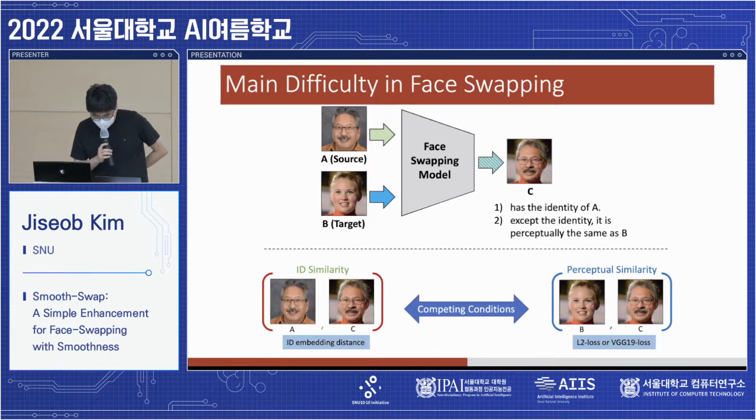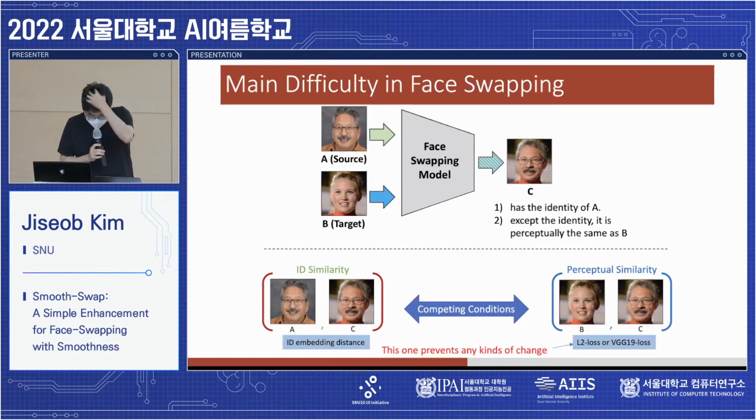But the problem comes from the perceptual loss for the second condition, where we want to consider the difference between B and C while excluding anything related to the ID. But there's no good way to exclude the identity only. So we usually resort to L2 loss or VGG19 loss, which prevents any kinds of change from B.